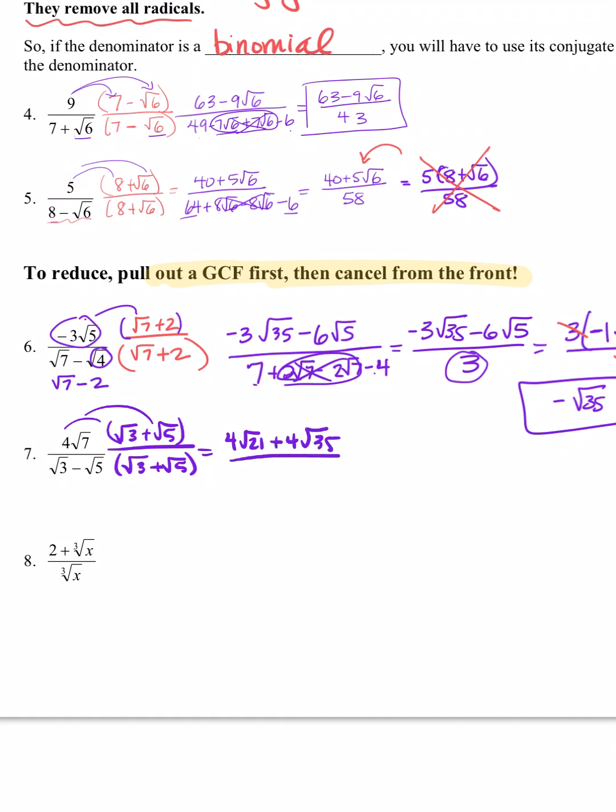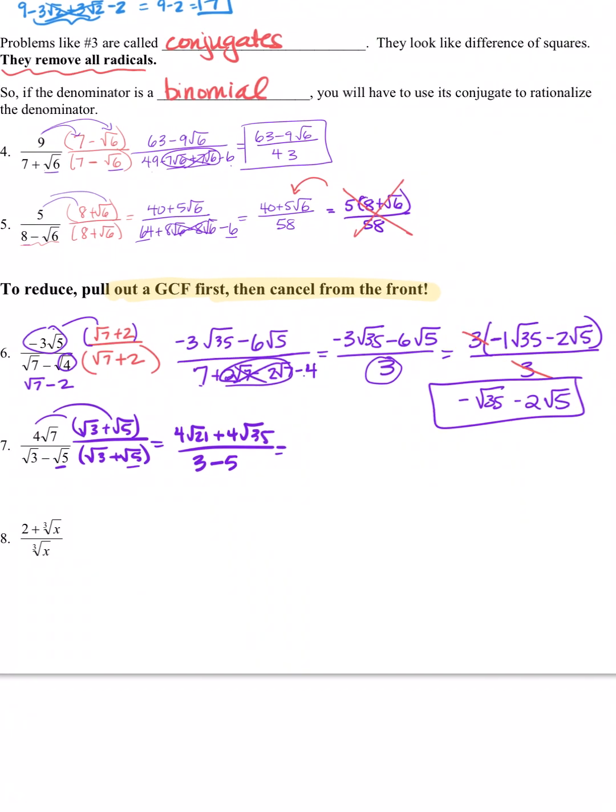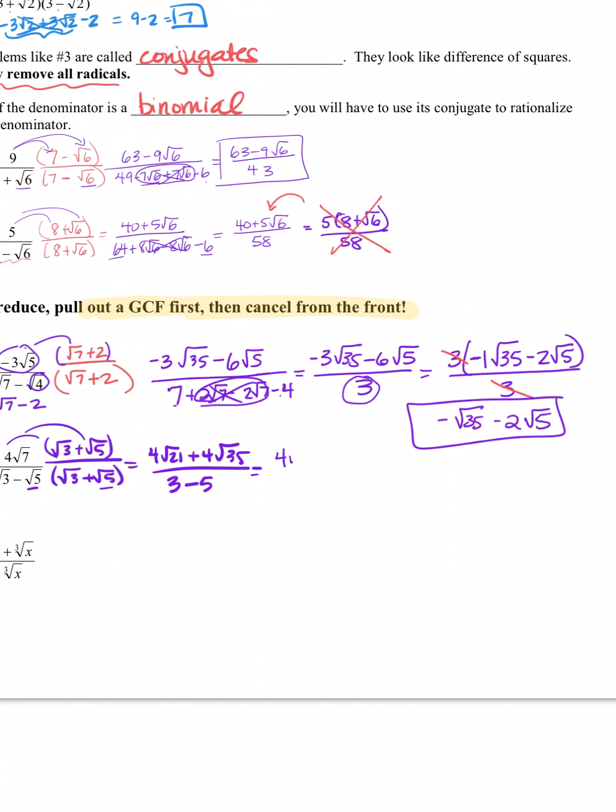All right, on the bottom, I'm going to have square root of 3 times square root of 3. Well, that's 3. And because I know they're conjugates, I know the middle terms are going to fall out. It's going to be minus square root of 5 times square root of 5, which is just 5. So now I can go to 4 square roots of 21 plus 4 square roots of 35 over 3 minus 5, which is negative 2.